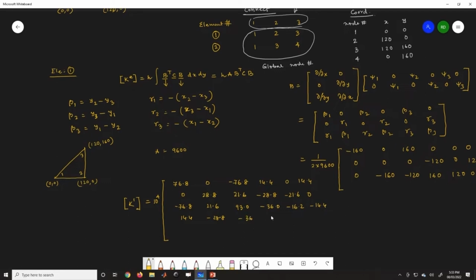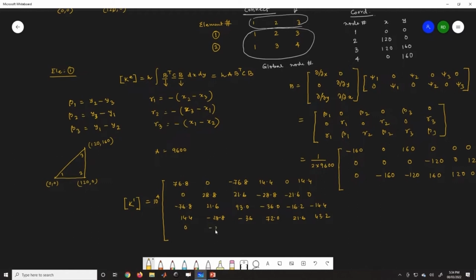So it is a symmetric matrix. So 72, then you have 21.6, and then 43.2. I am just writing this matrix because you can verify it.